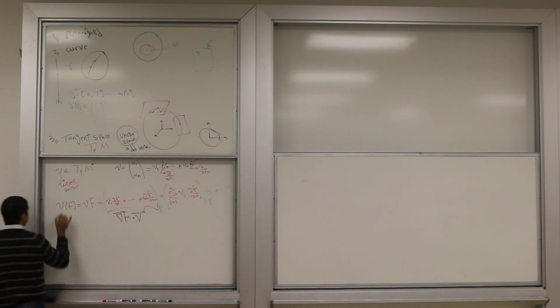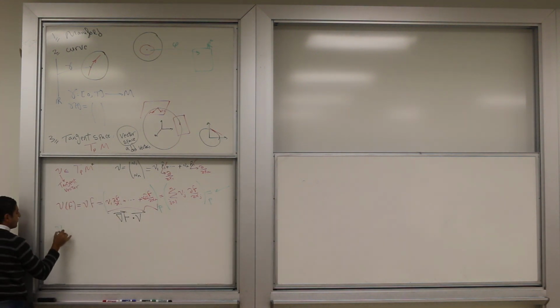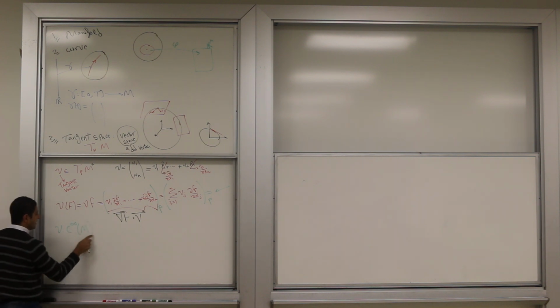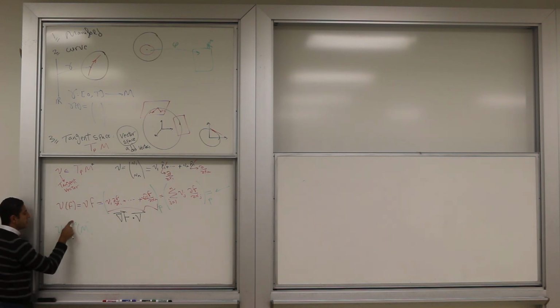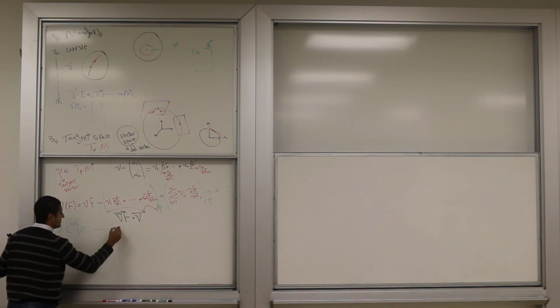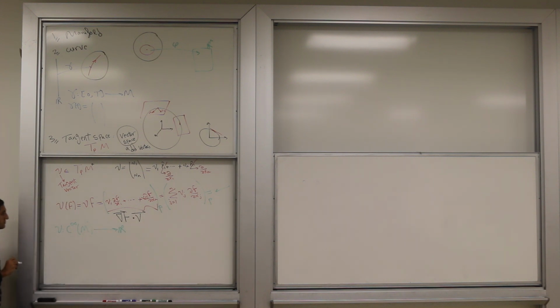So actually, v in T_P M takes a smooth function on M. This is how we write it: C infinity, it's infinitely differentiable, you can differentiate it many times, defined on the manifold, right? So it takes a function and gives you back a real number.